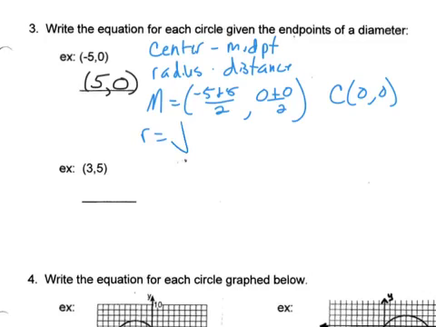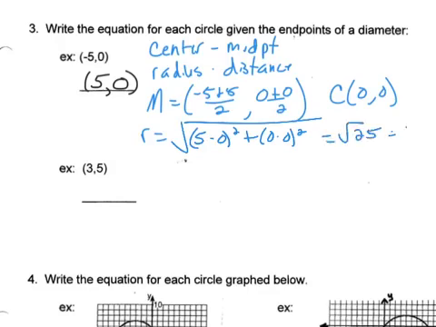It's the square root of 5 minus 0 squared plus 0 minus 0 squared. That ends up being the square root of 25, which is 5. So this equation ends up being x squared plus y squared is equal to 25.